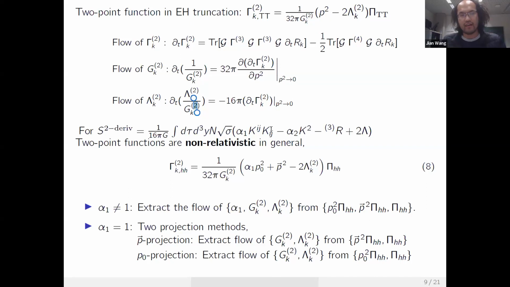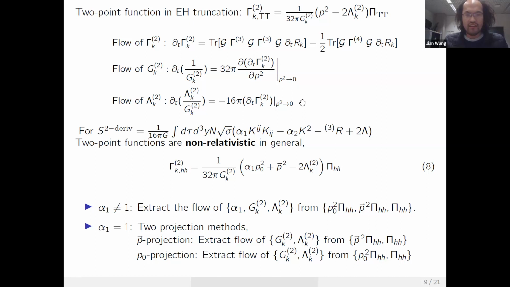So in principle, they should be different couplings from the ones in the background computation, or background quantities.